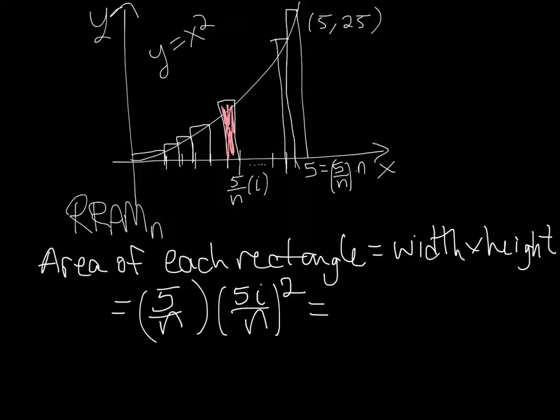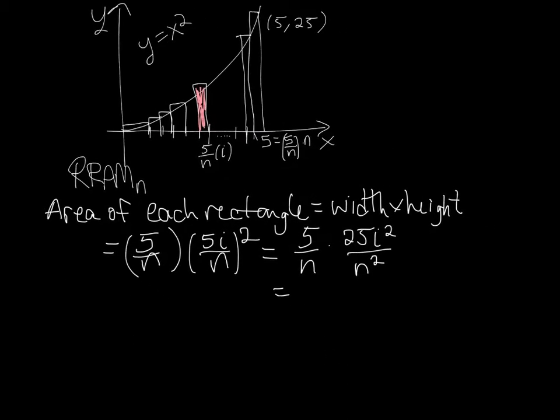Or we get 5 over n times 25i squared over n squared. Simplifying that just a little bit more, that's equal to 125i squared over n cubed. That's the area of each rectangle.